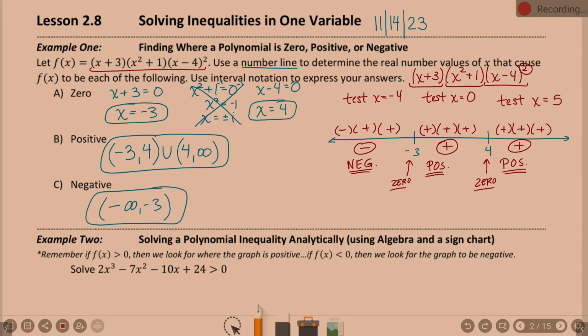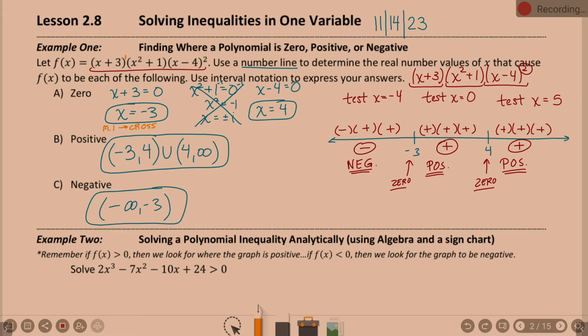But with that in mind, this x plus 3 had an exponent of 1. 1 is a multiplicity that is odd. What do we talk about at odd multiplicities? It's going to cross. So that would explain that my graph is going to cross at -3. So does it make sense that if it's negative on one side, it's positive on the other side?